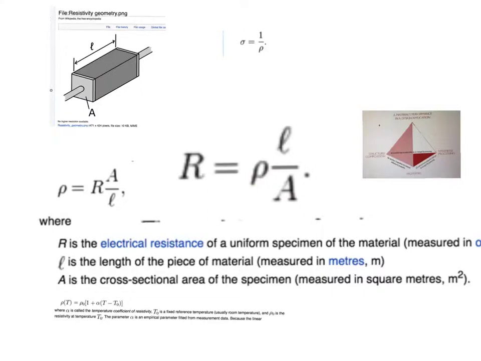So notice that this one right here, of course, is independent of geometry. And that is typical of a material parameter. It will be independent of the geometry, like the density. That's independent of the actual geometry.